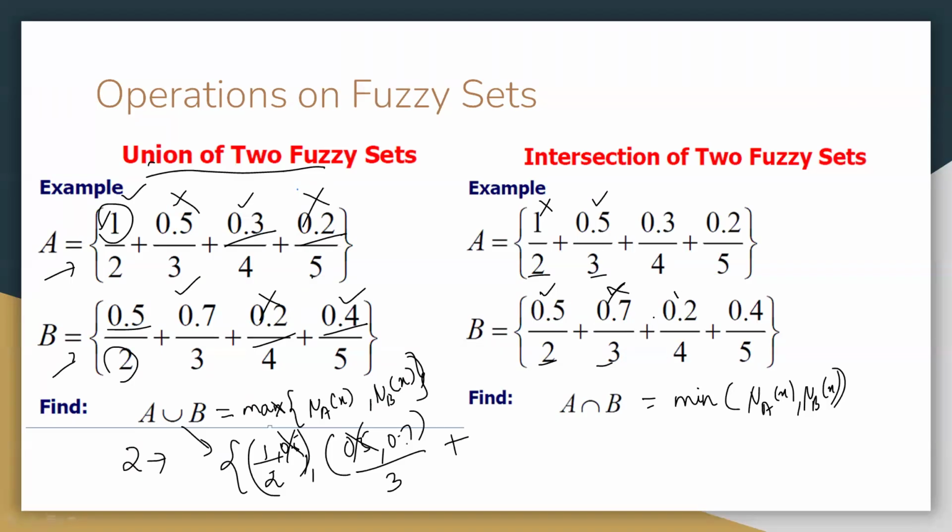Then we have 0.2 and 0.3. We'll not be taking this. Then for element number 5, we have 0.2 and 0.4. We'll not be taking this. So the answer will be 0.5 by 2 plus 0.5 by 3 plus 0.2 by 4 plus 0.2 by 5. So these will be the elements of the set.